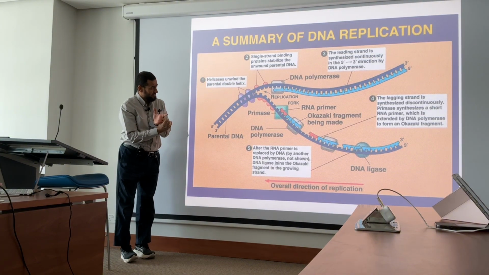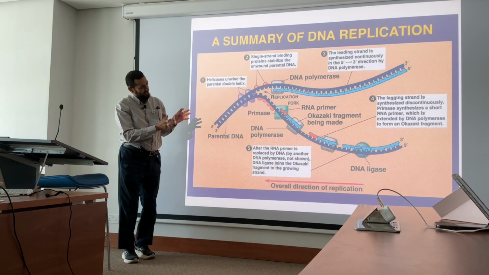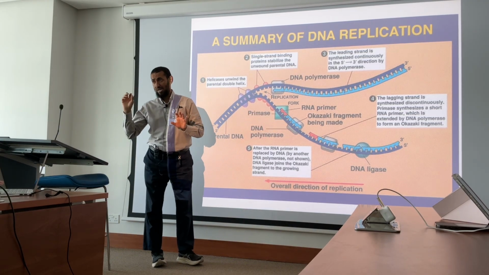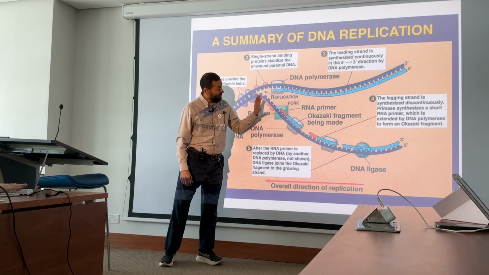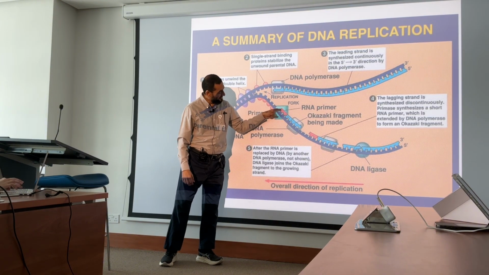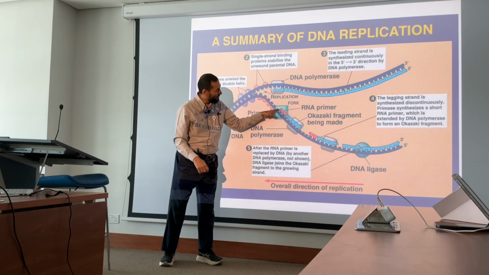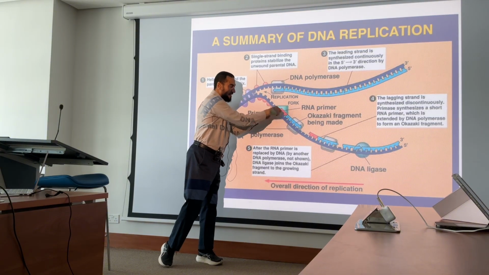This is the third stage. The fourth step, you don't need these anymore. You have to remove them by an enzyme known as polymerase 1, which will remove them from 5 to 3. Then it has another function to put DNA instead of them, always from 5 to 3.